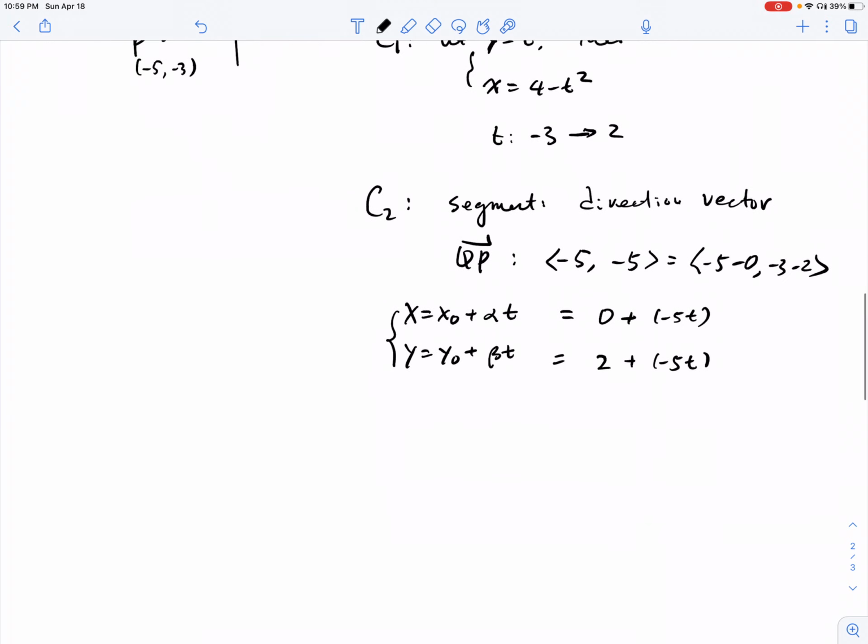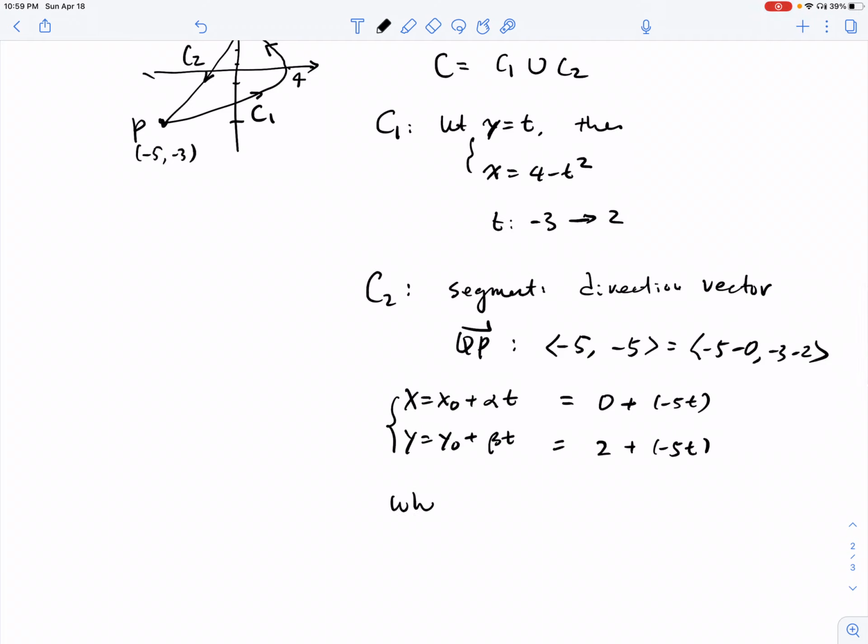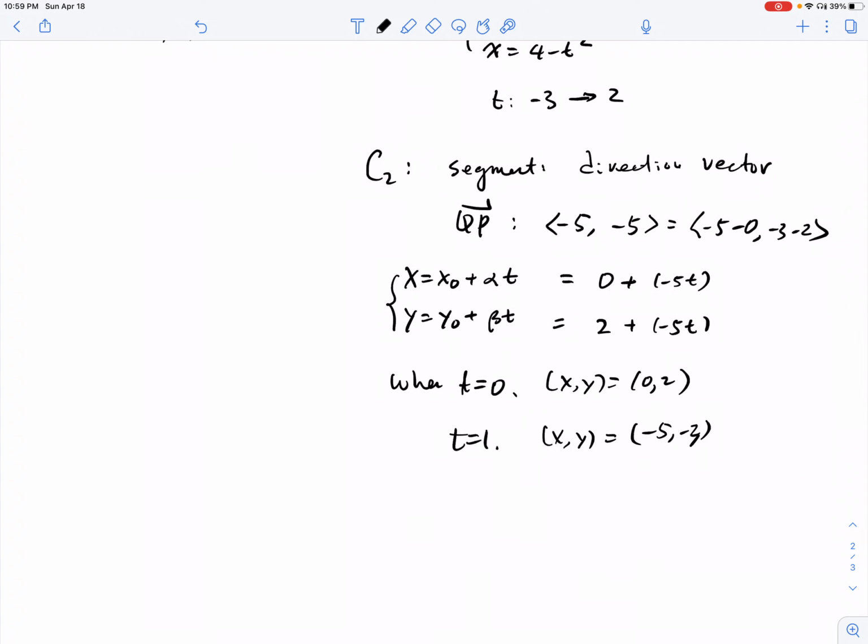So this is the one. And we can also see when t is equal to 0, (x, y) is (0, 2), right? And when t is equal to 1, (x, y) is (-5, -3). So what it means is that for our C2, t goes from 0 to 1.